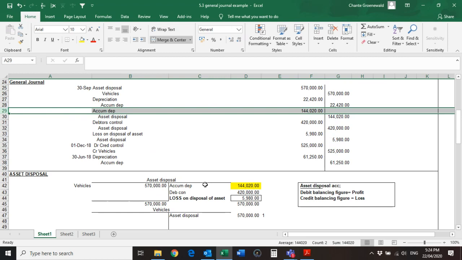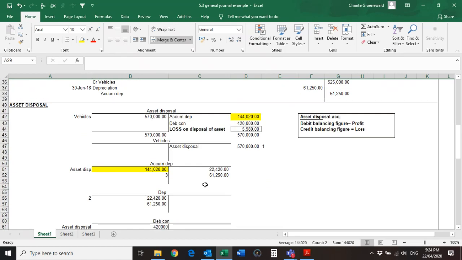In your test, you won't have time to do this, but if you really can't make sense, always, always, always write a T account. For all my students, it doesn't matter whether you are starting out in grade 9 with accounting or moving over to matric, I always tell the kids to write T accounts.